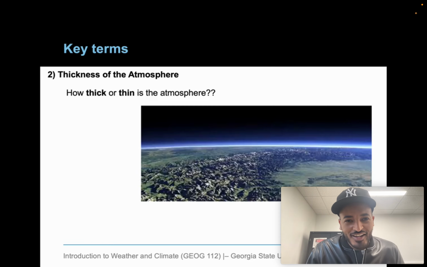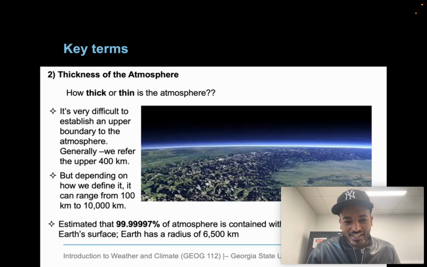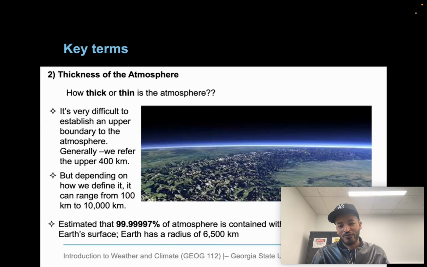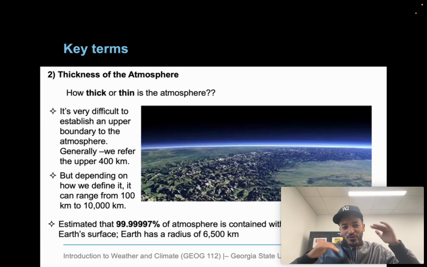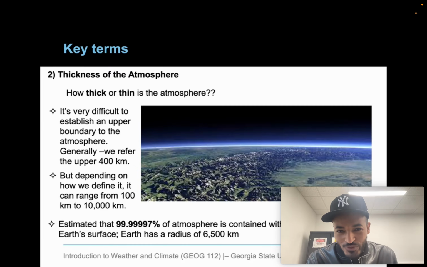So there are important concepts that I would like you to know. For instance, the thickness of the atmosphere. The thickness matters, whether the atmosphere is thick or thin. But it's actually very difficult to put an upper boundary on the atmosphere.